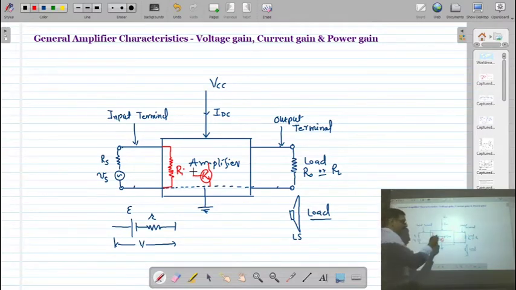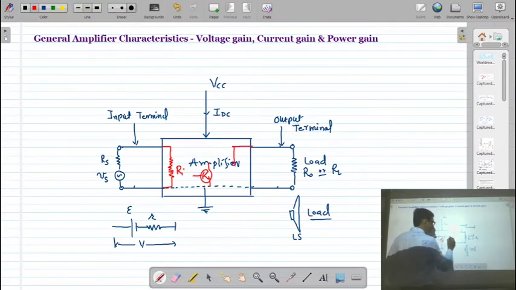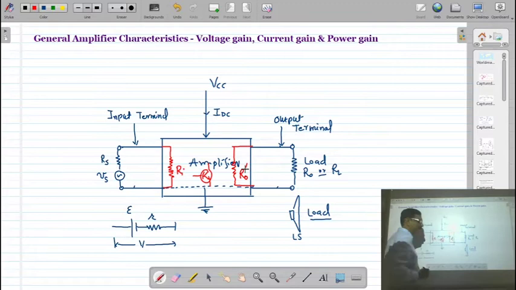Same way the amplifier also has an output resistance, because a number of components are also connected with the load. Here it is represented as RO dash. RO dash is called the output resistance of the amplifier.